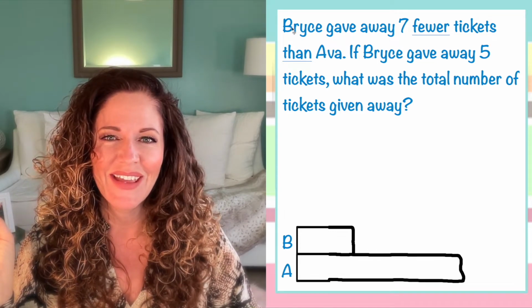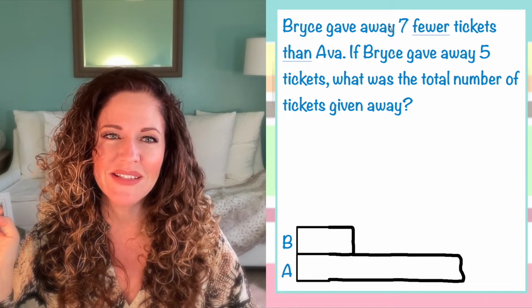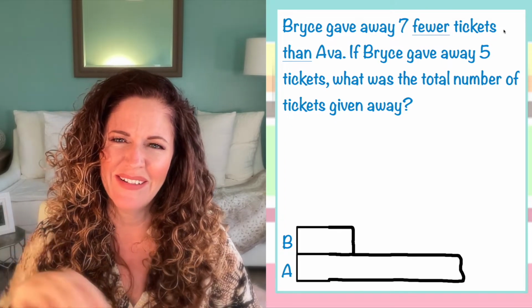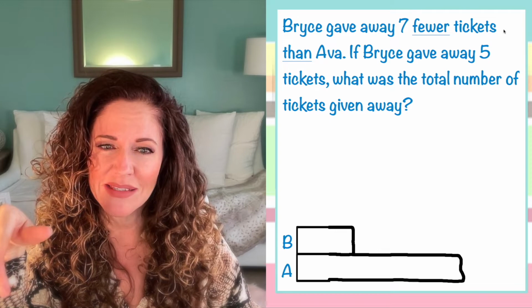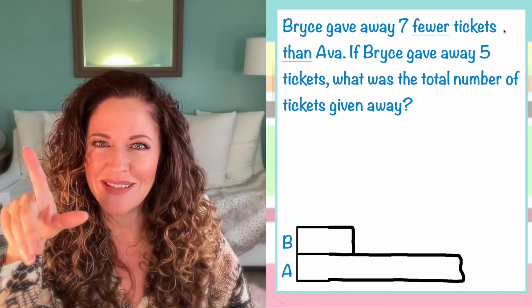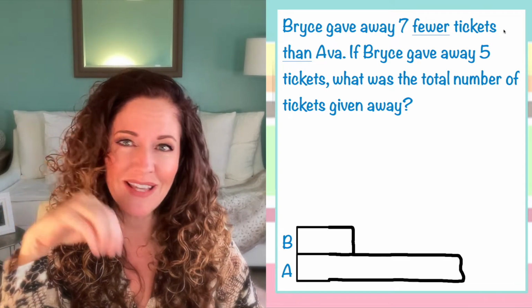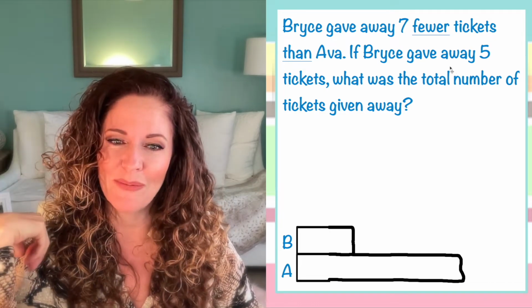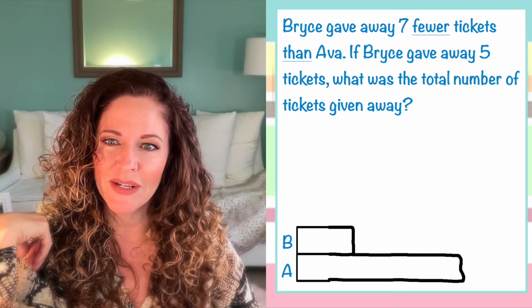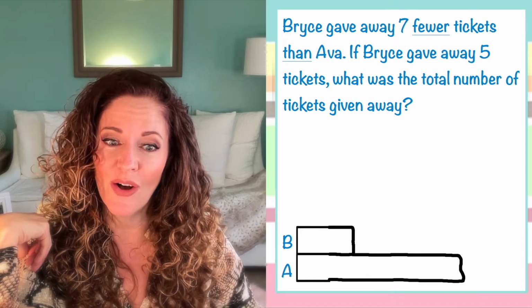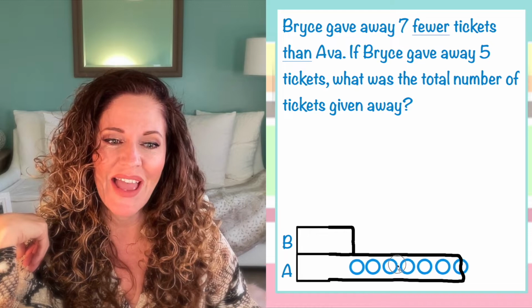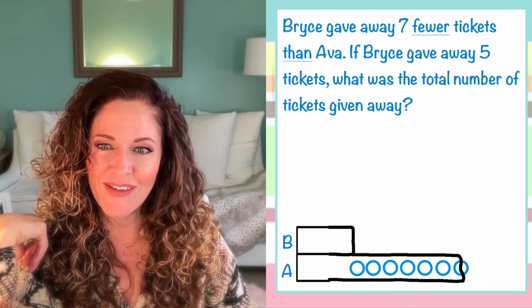Now, it says here that Bryce gave away 7 fewer tickets than Ava. That means he gave away less. So that also means that Ava must have given away 7 extra, or 7 more, than Bryce. So this is what I'm going to do next. I'm going to draw 7 counters in my extra box for Ava.